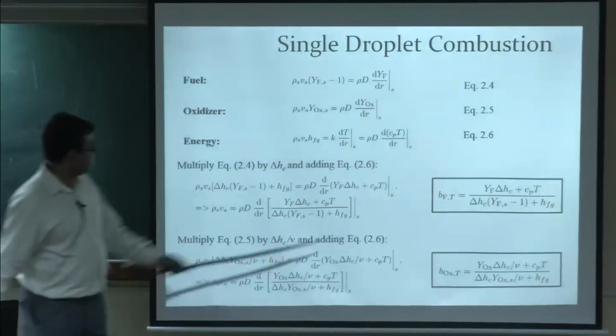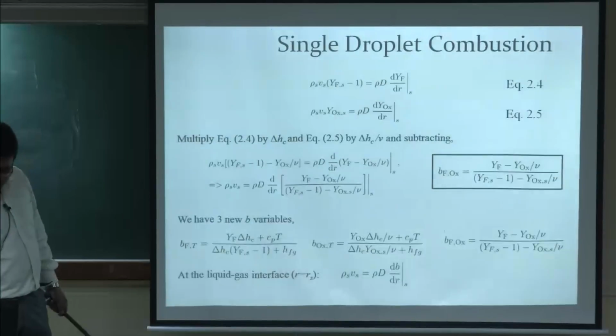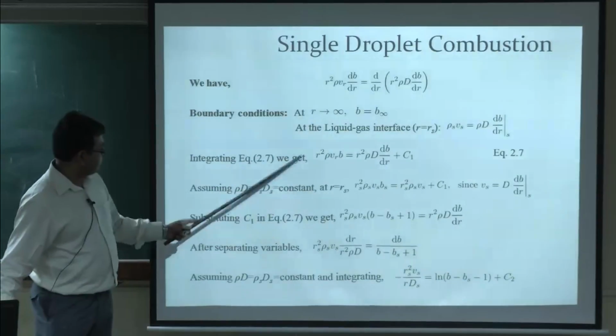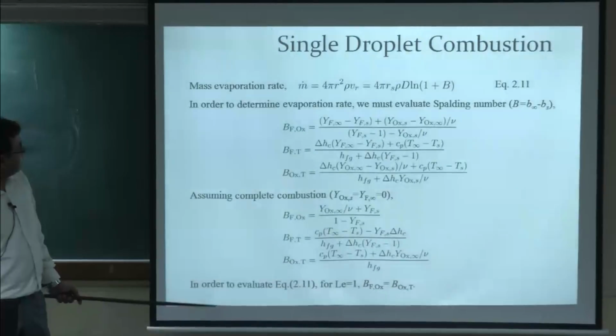Okay, so these are the transfer numbers that we have formed, and then we have to solve these equations. If you solve them, it is quite a long process, and finally you will be able to get the evaporation rate.